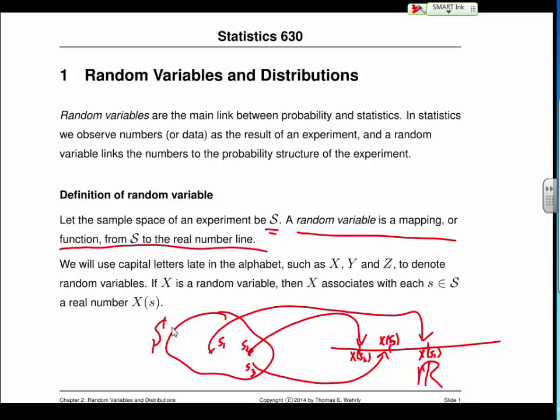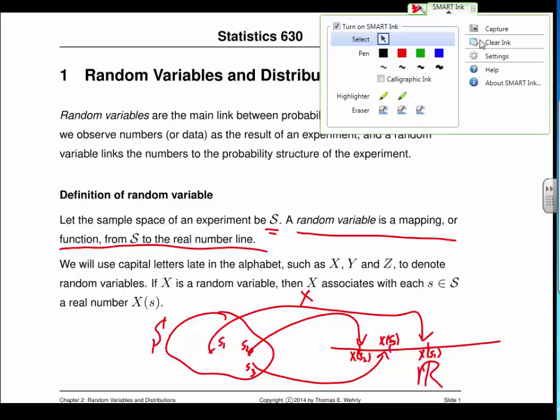There's a probability for each. What that tells us then is the number that we observe in the end, the X of S1 or X of S2 and so forth, is also going to have a probability associated with it. And so we'll develop the probability structure on the real line based upon the probability structure and the nature of the map X that takes the sample space into the real line.